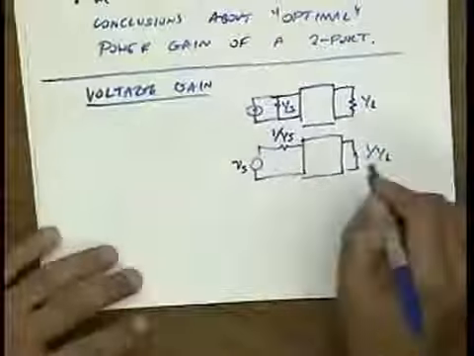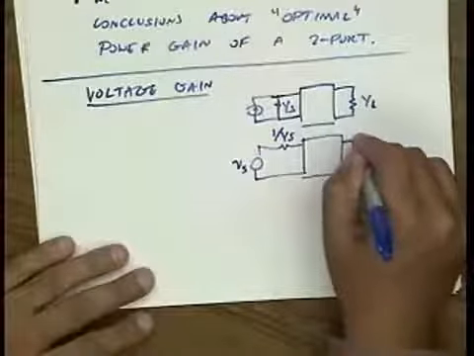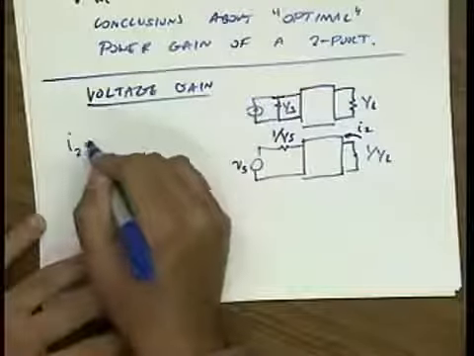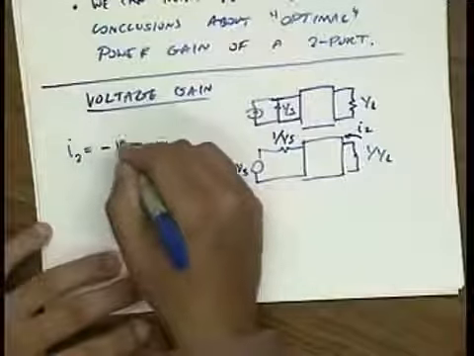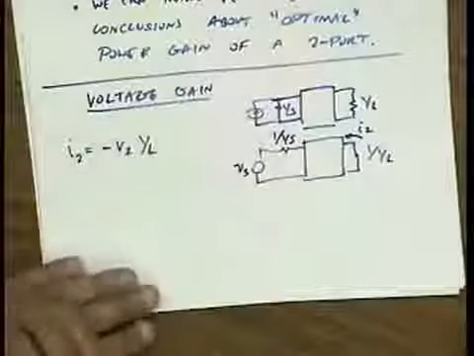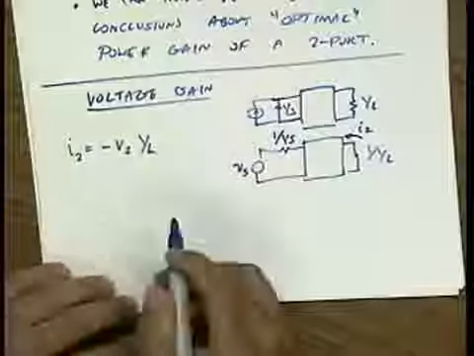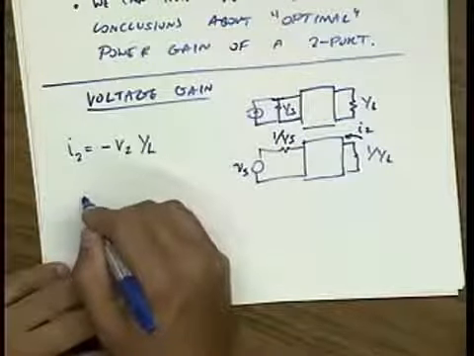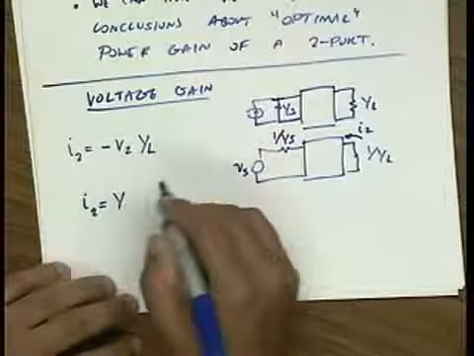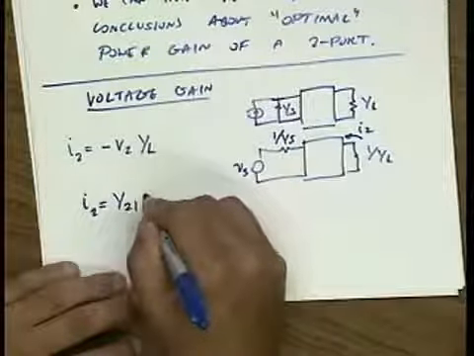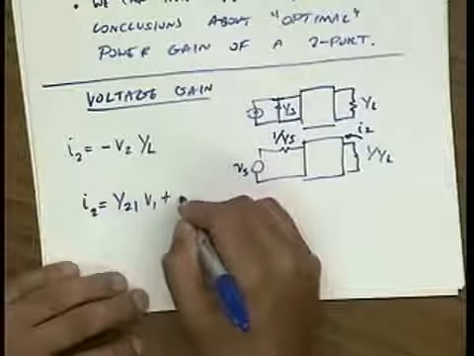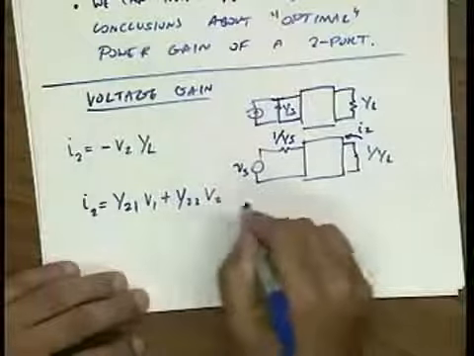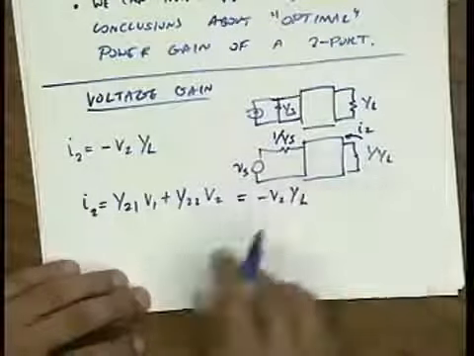So if I observe that I2 is simply minus V2 YL, and I substitute that into the equation, my equation is that I2 is Y21 V1 plus Y22 V2, and that's equal to minus V2 YL.